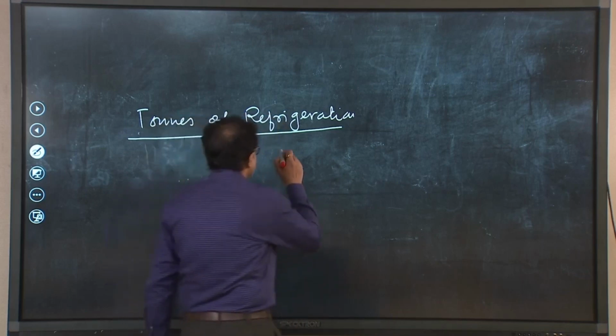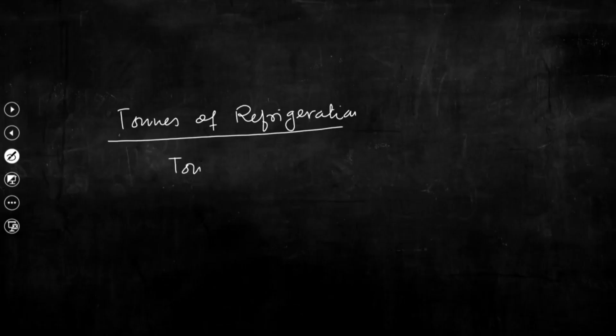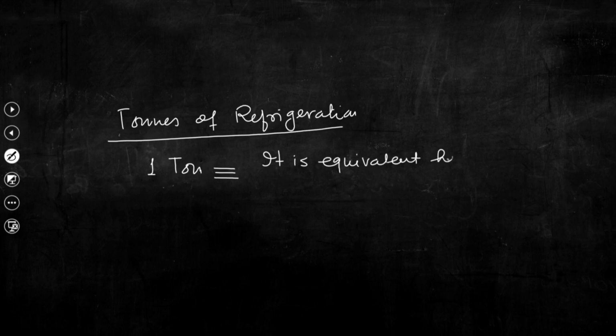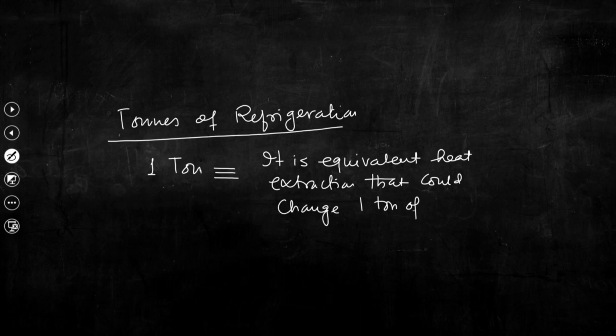So, if we write, 1 ton is equivalent heat extraction that could change one ton of water into 1 ton of ice in 24 hours.